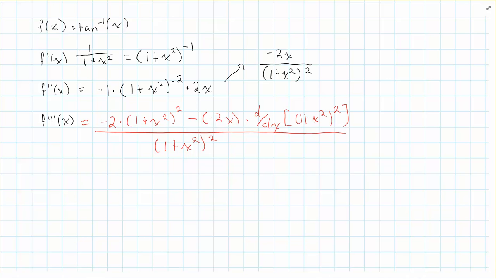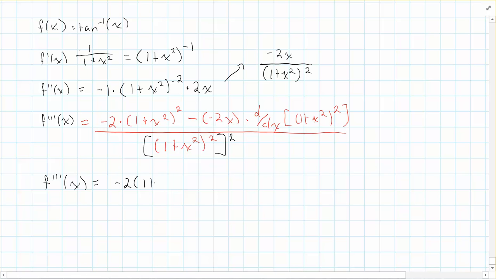Okay. So f triple prime at x would be negative 2 times, bottom squared squared. So this would actually be squared as well. Yeah, forgot about that.